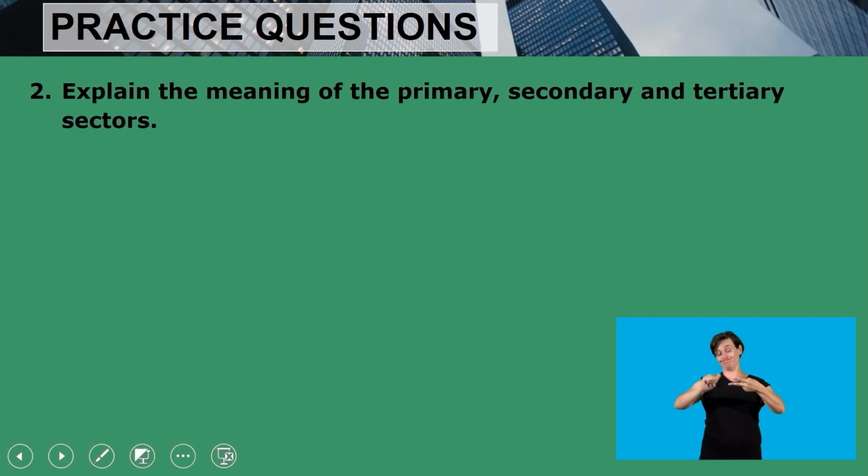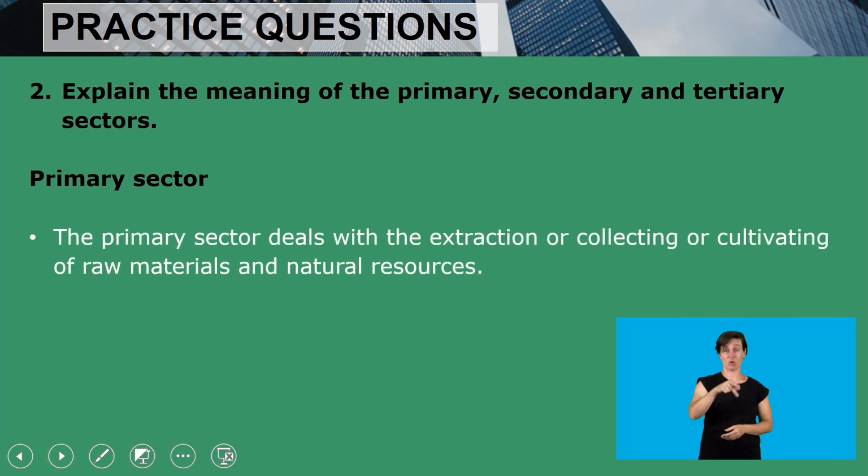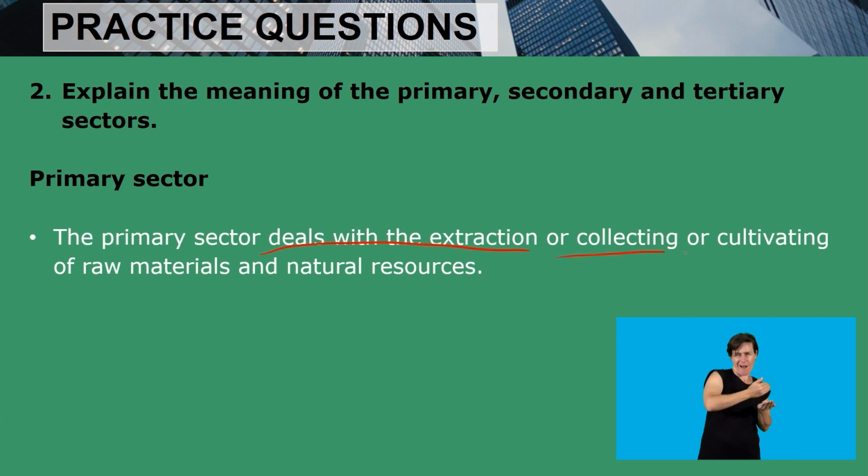Let us continue. Our second question says, explain the meaning of primary, secondary, and tertiary sectors. We'll start with the primary sector. The primary sector deals with the extraction, collecting or cultivating of raw materials and natural resources. So obviously our primary sector deals with the pulling out of raw materials from Mother Nature.